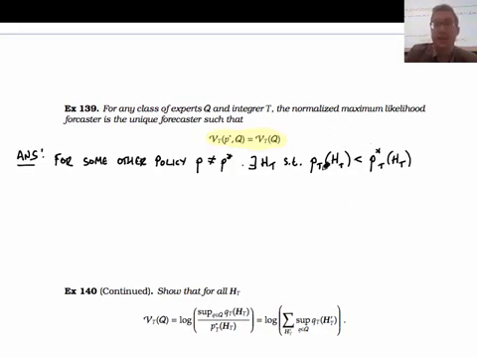So let's consider that value of h, that history. The worst case regret of that policy P is the worst under all eventualities.